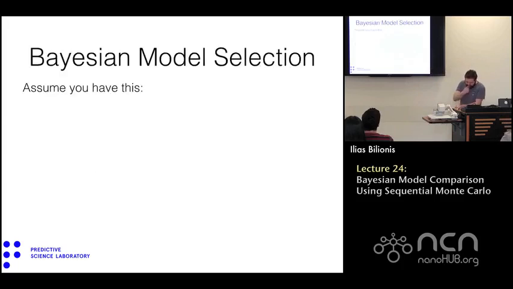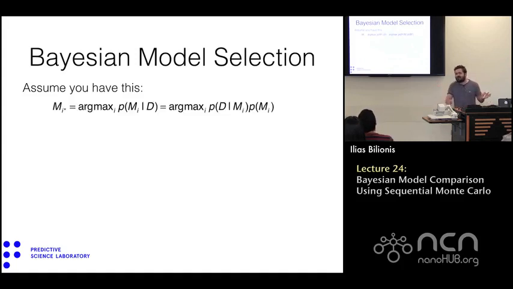Okay. Now if you do have to select a model, of course, you can select the model that is more probable. So you can compute the posterior probability over models and say, well, I'll pick the most probable. Of course, if the most probable model has probability 55% and the other one has 45%, there is a danger that you're wrong, right?